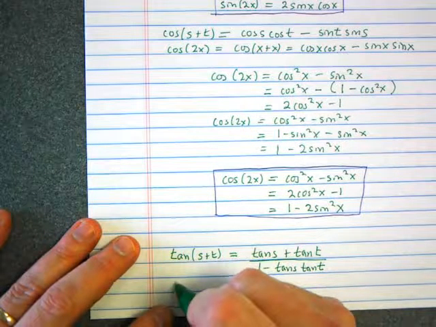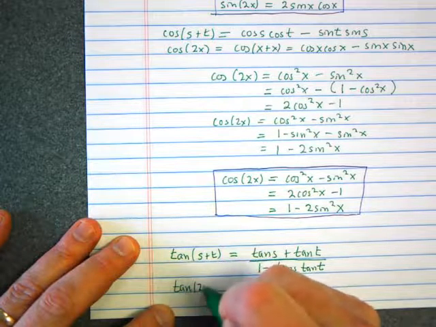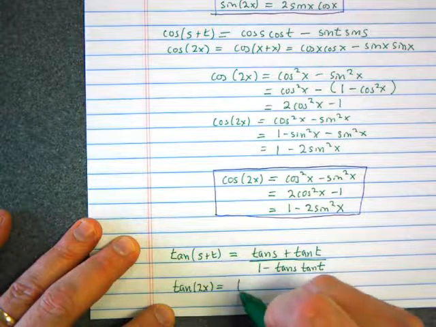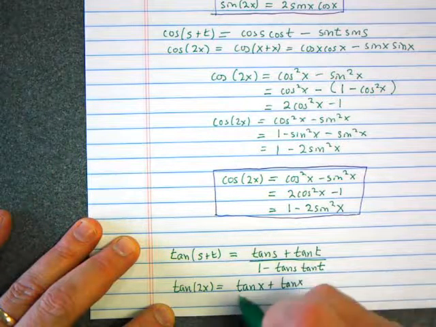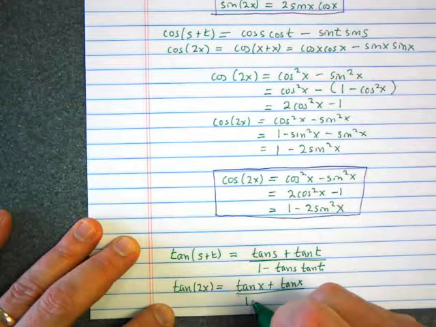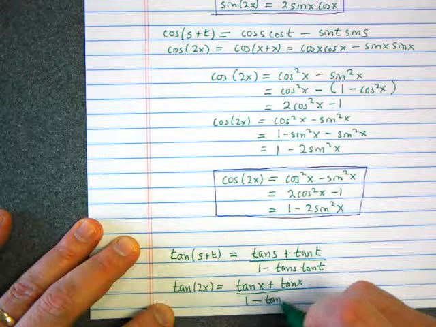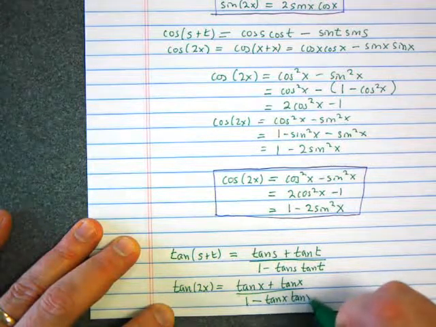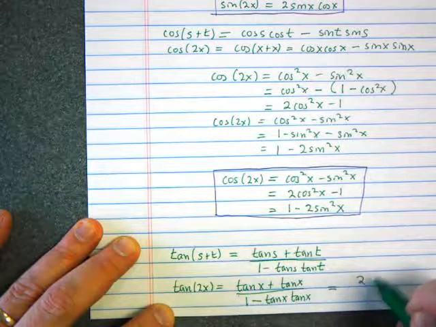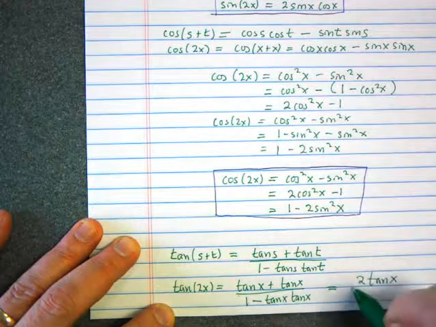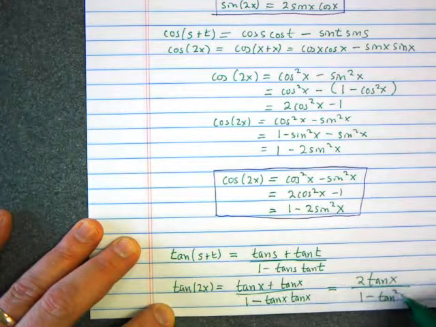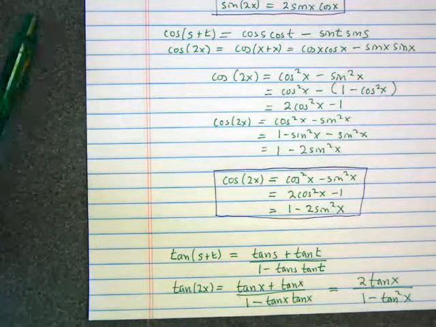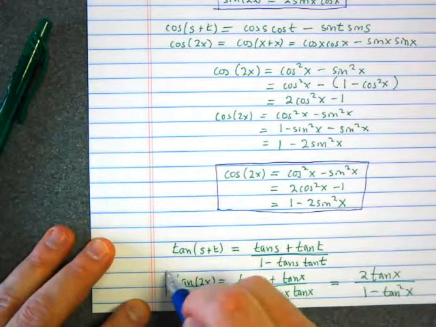So tangent of 2x would be tangent x plus tangent x over 1 minus tangent x tangent x. So it's 2 tangent x divided by 1 minus tangent squared x. And again, we only have one answer for that one.